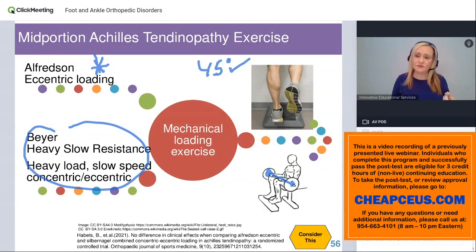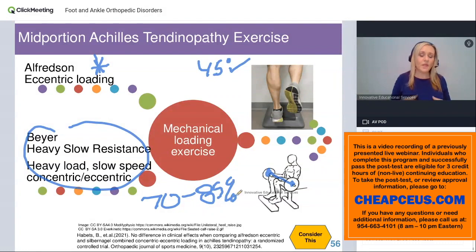We're going to do standing barbell heel raises, and then we're also going to do the leg press with knee extension. The goal is to do 70 to 85, working up to 85% of the 1 rep max. And again, doing our 3 times 15 repetitions. This is concentric and eccentric.